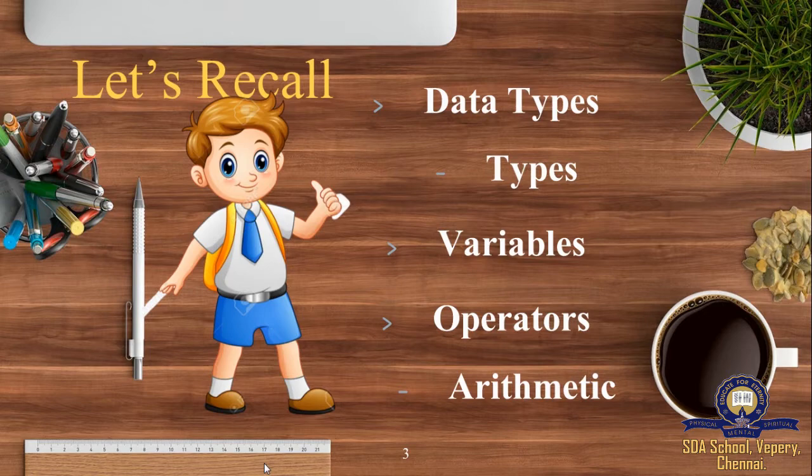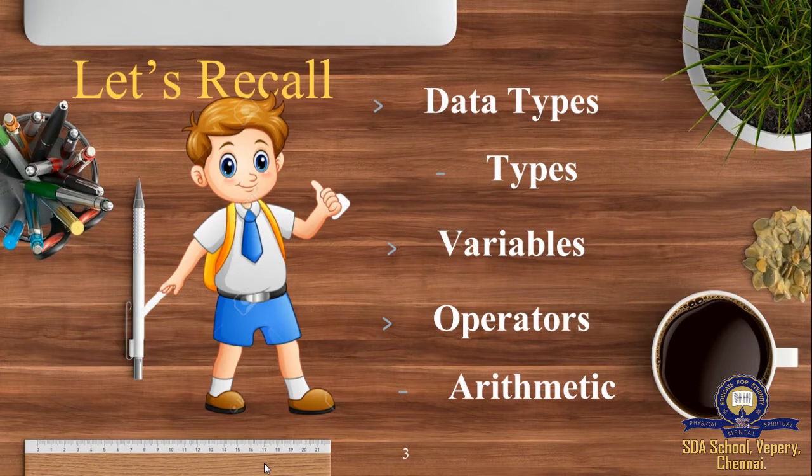Next one, variables. What is a variable? In the name itself you can identify varying. The values will be varying each and every time. So variables are used to hold some data, whatever you want for the programming.